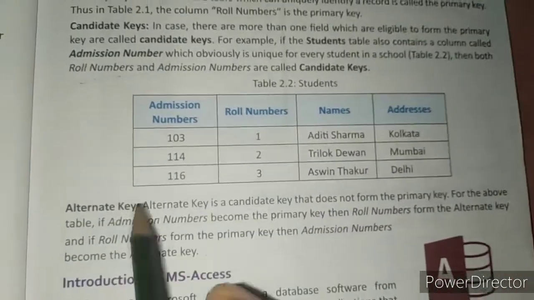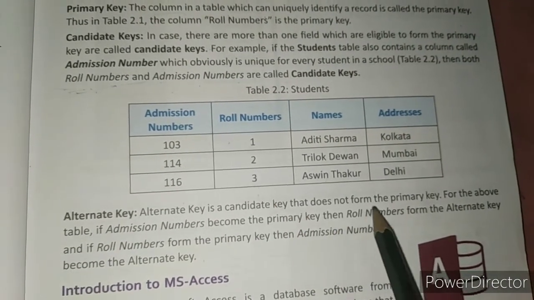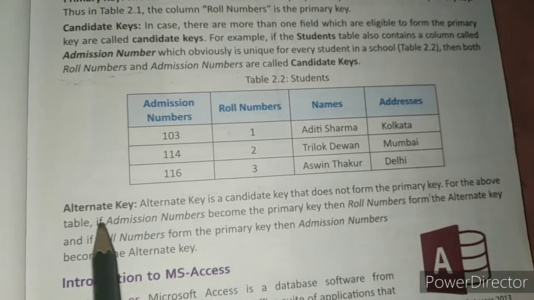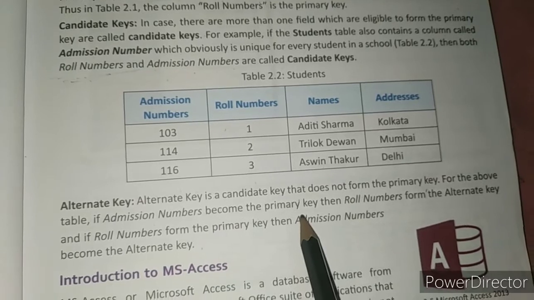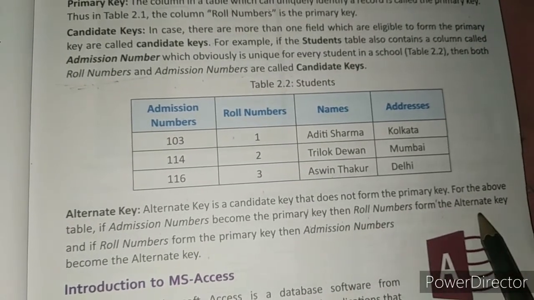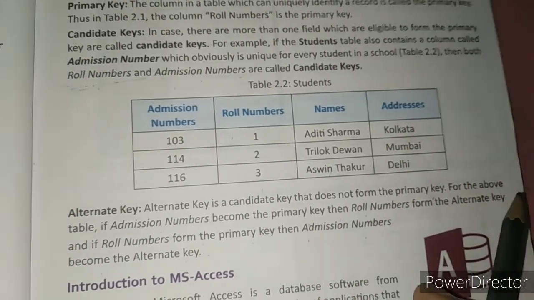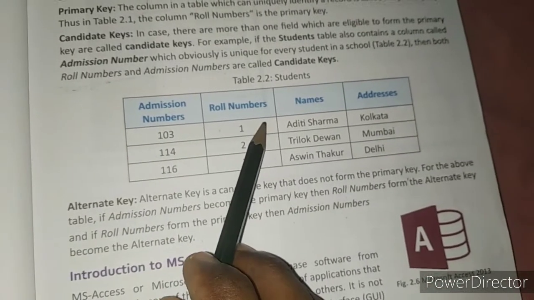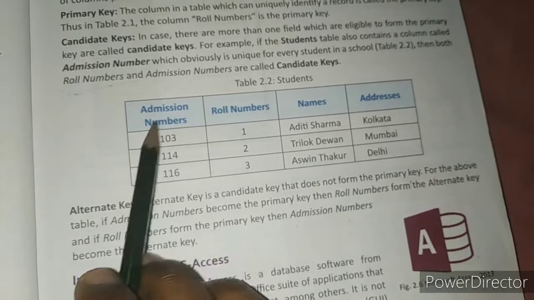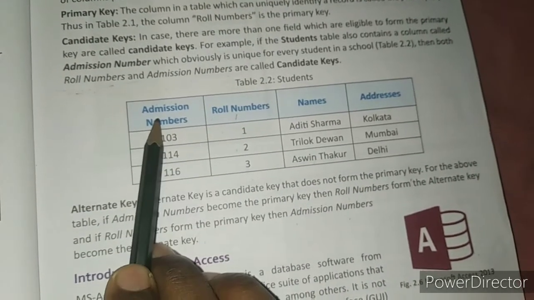Alternate keys. Alternate keys are the candidate keys that do not form a primary key for the above table. If admission number becomes the primary key, then roll number forms the alternate key, and if roll number forms the primary key, then admission number becomes the alternate key. Here there are two things. Clear? We have used two columns, and if we put roll number as a primary key, this will become the alternate key.